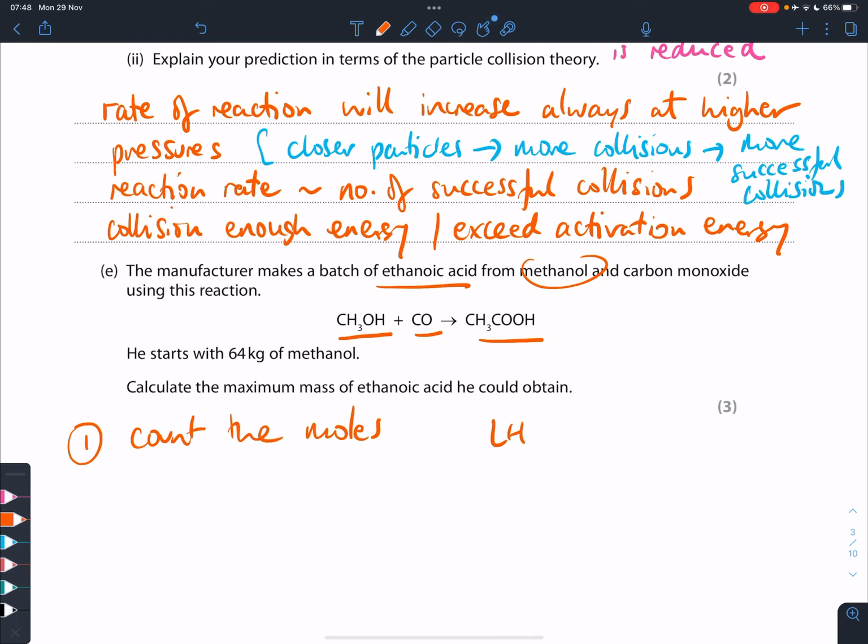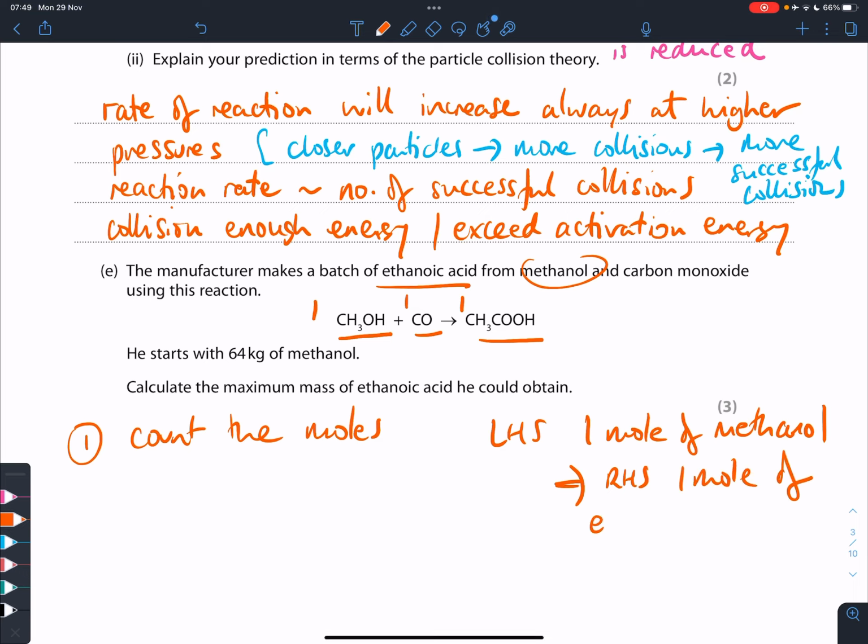On the left-hand side, what have we got? We've got 1 mole of methanol, and 1 mole of carbon monoxide makes 1 mole of ethanoic acid. So on the left-hand side, we have 1 mole of methanol, which produces, on the right-hand side, 1 mole of ethanoic acid.